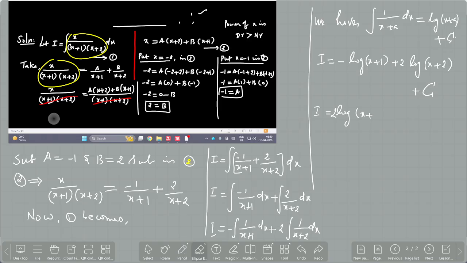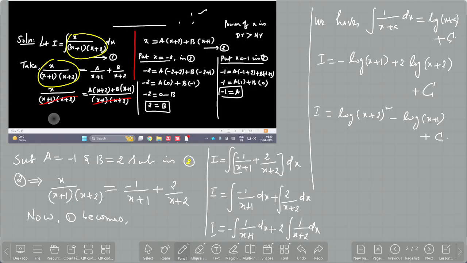So I think I shortened it here, easy. Now this is log of x plus 2 whole square. How? Very good. n into log m equal to log m power n. Minus log of x plus 1 plus c.